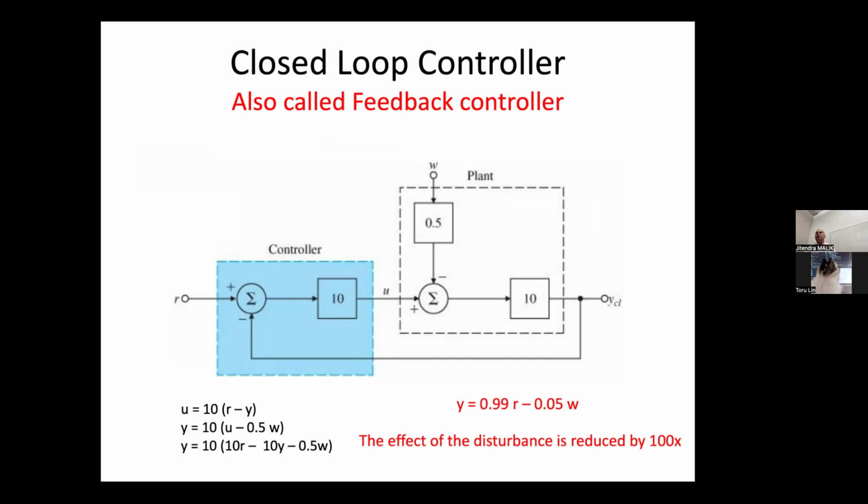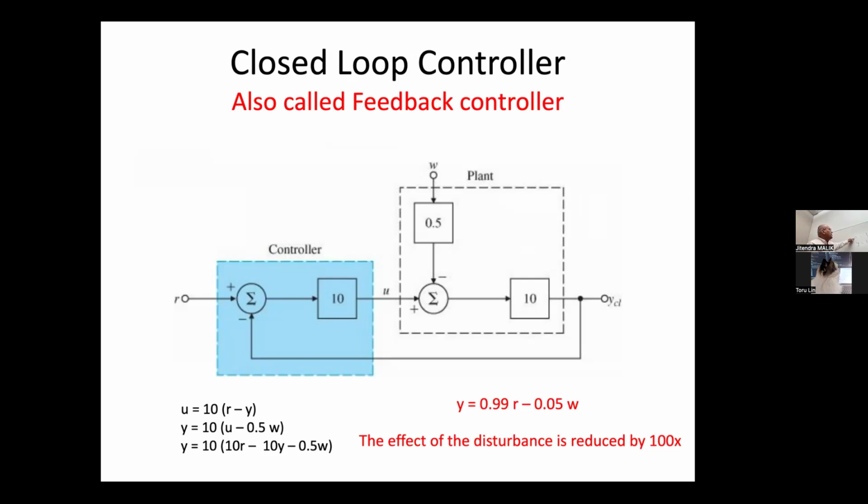And you say, I don't like the error, so I'm going to apply a control. Let's say I do 10 times that. That's the control I apply. Now we can write down our equation. There is the equation that we already had, U minus 0.5W. This was in the previous slide, right? That's just the straightforward thing.